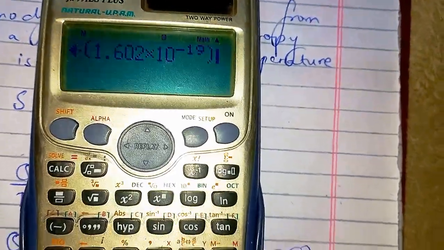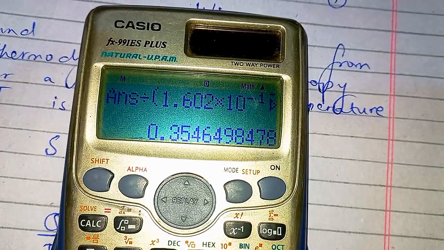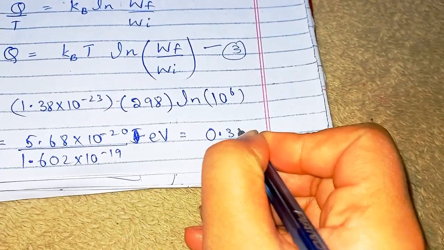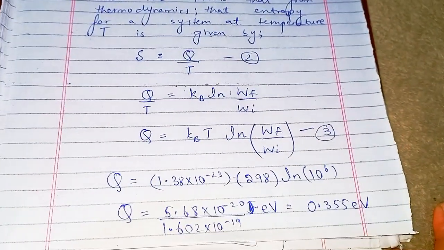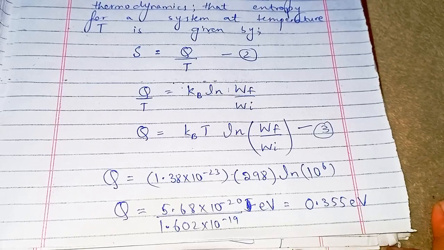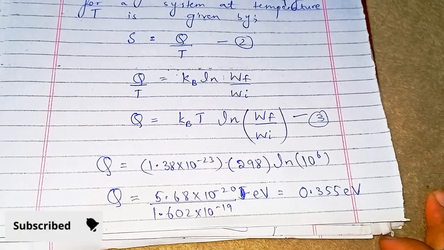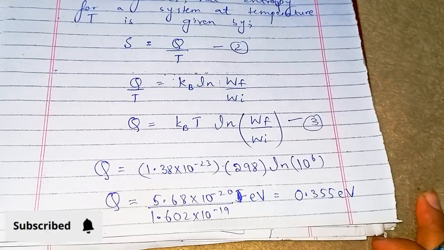Always use brackets when we have multiple numbers. It is 0.355 electron volt. That is the result, and this is the amount of heat that has to be added to a system at temperature 298 Kelvin for its accessible states to increase by a factor of 10 to the power 6.